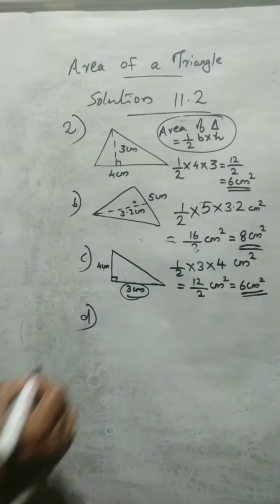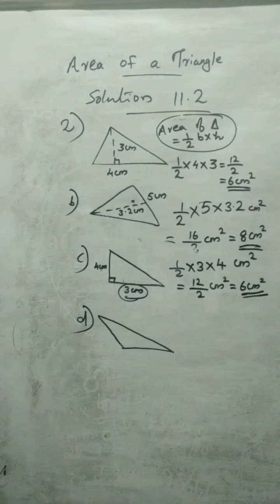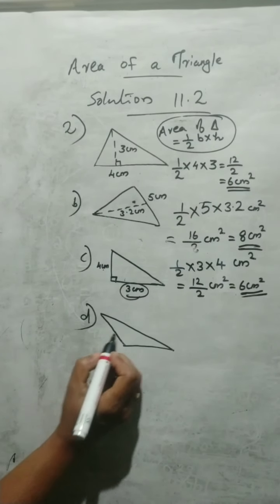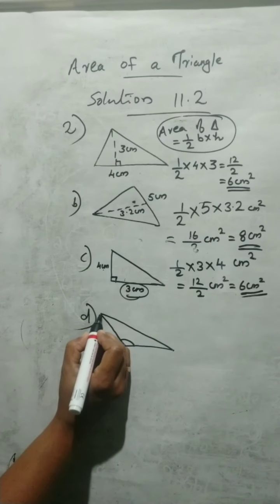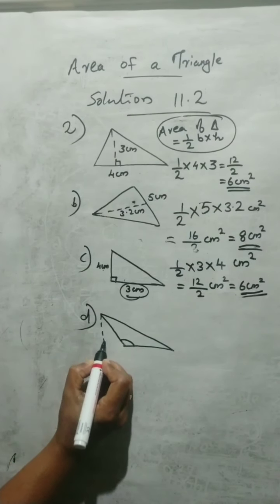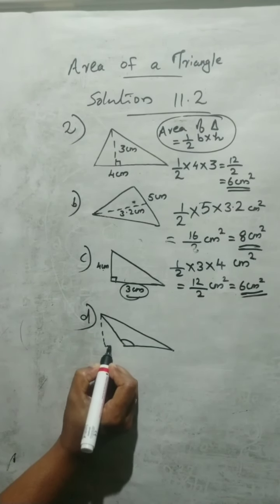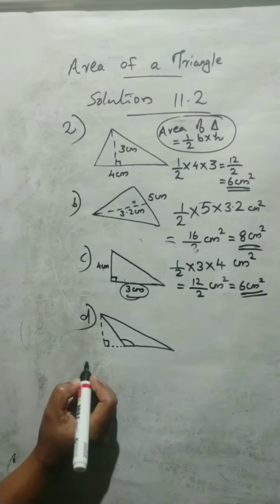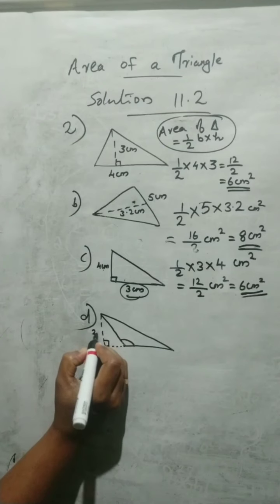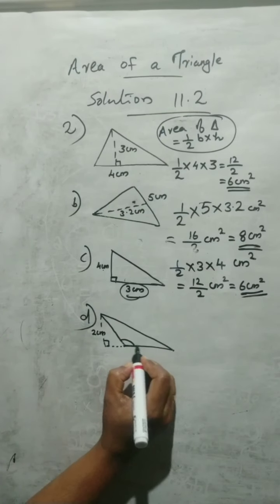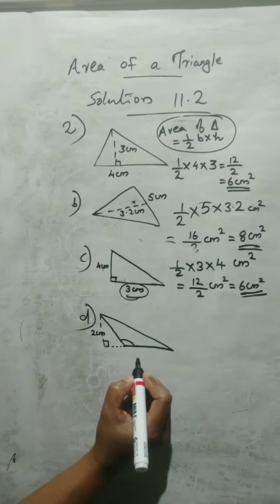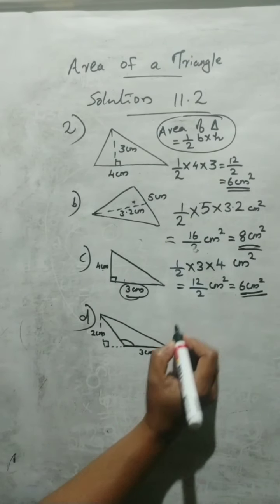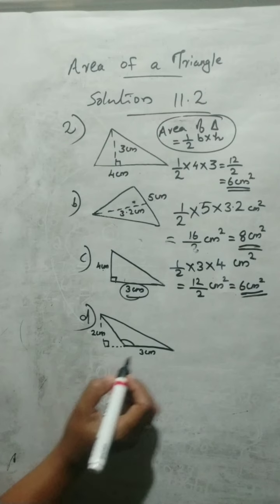Then question number D. This is an obtuse angled triangle. The altitude will be outside. That is the height of this triangle, which is equal to 2 centimeter, and the base is equal to 3 centimeter. Then we apply these values in the equation.